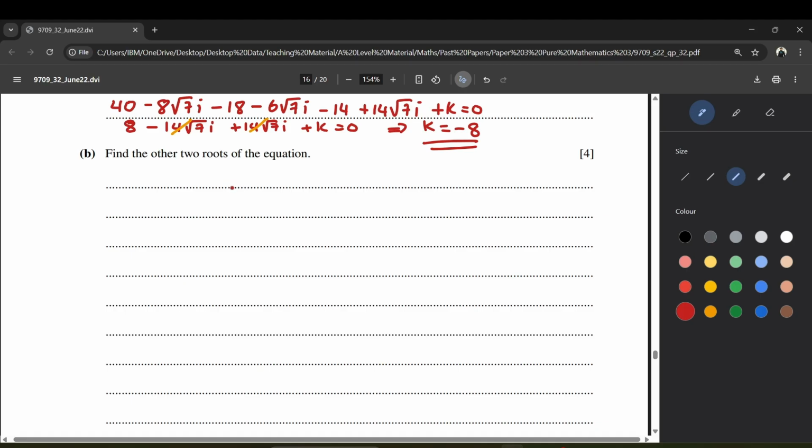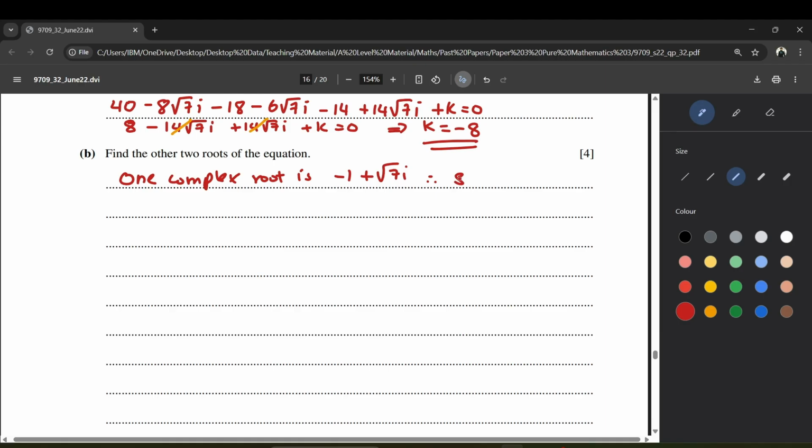Okay, so let's say that your first root is u equals minus 1 plus root 7i, so your other root will be the conjugate of u. So we can say that one complex root is minus 1 plus root 7i.